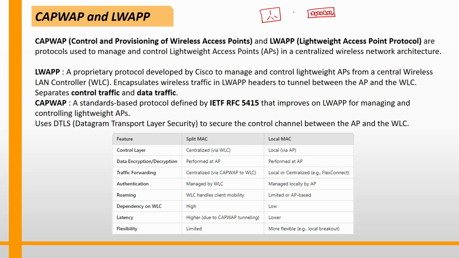No matter what it is, the AP has to communicate to the WLC through the CAPWAP tunnel, right? That's a CAPWAP tunnel. Hence, it is not required for the AP to be in the same layer 2 environment, but it can have a layer 3 tunnel, that is CAPWAP.